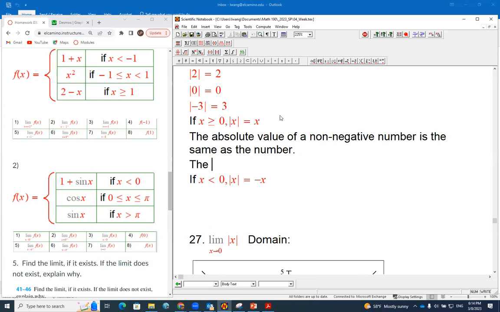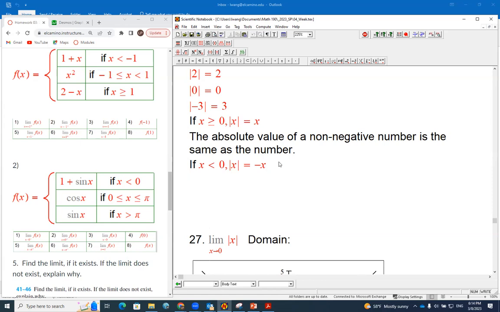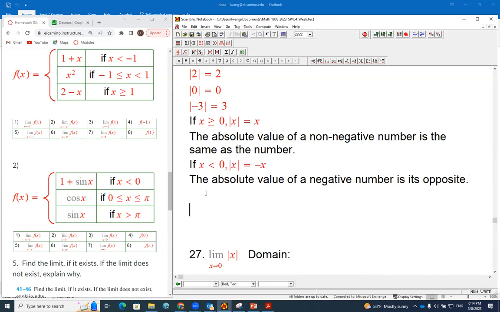And the absolute value of a negative number is its opposite. That's it. These two sentences really just express these two observations that we've been so familiar with mathematically.